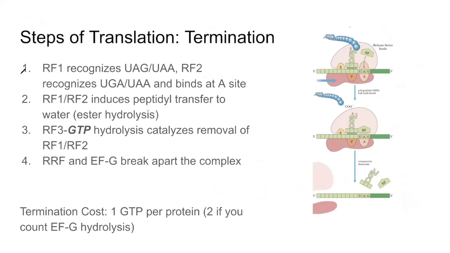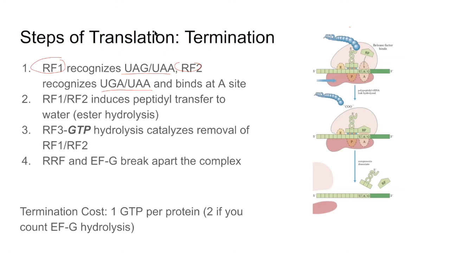The reason is that there are other things that recognize the stop codon. In this case, it's RF1 and RF2. This is what RF1 recognizes. This is what RF2 recognizes. As a result, they will bind to the stop codon. So that's the first part.